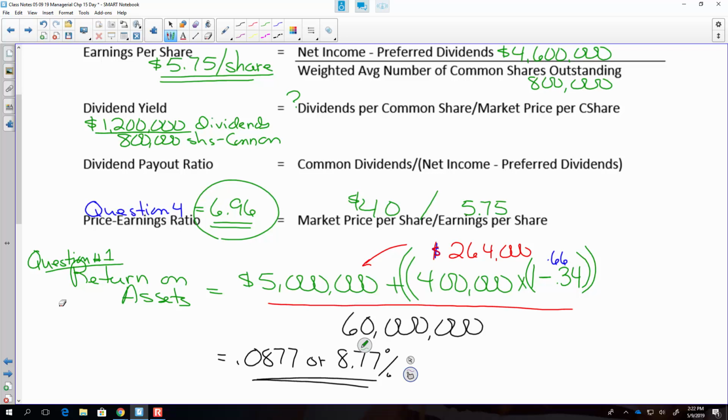And that's, is it 1.4? 1.5. 1.5, thank you. So this is equal to 1.5 dividends per common share. And that's what I'm going to put here.